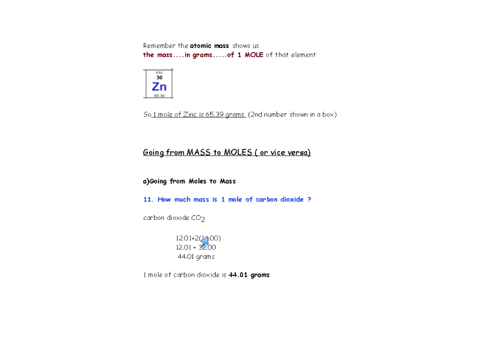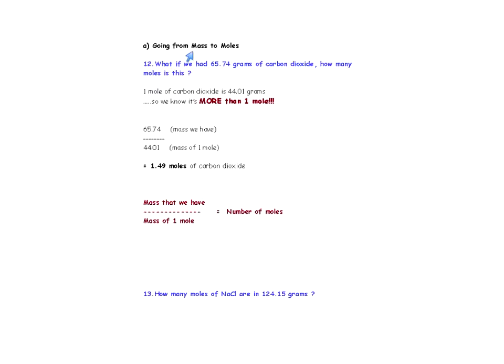It'll just give it for 1 O, but there's 2 O's here, so we have to multiply by 2. So it's 12.01 plus 32, and that gives us a total of 44.01 grams. Okay, so that's 1 mole of carbon dioxide. All right, so that's how you go from moles to mass.